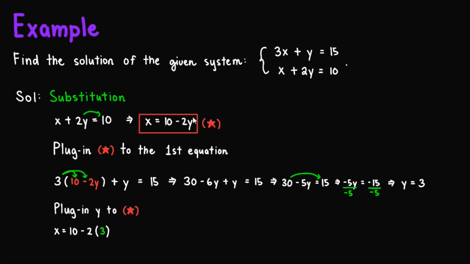So we just replaced y out here with 3. Then we solve for x in this one. So we'll have here x equals 10 minus 6, and simplifying, this will give us x equals 4. So we now have a value for x and y. Combining these two, we obtain the solution to this system, which is the point (4, 3). And so that is how we use the substitution method.